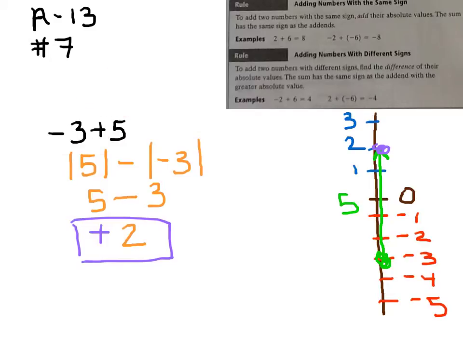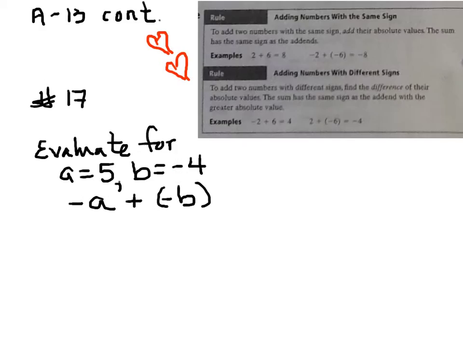So in this case, this gave me an absolute value of positive 5. The answer to this is positive 3. This one's greater, and it's positive. Therefore, I know my answer is positive. All right, that's the end of that one. Let's move on to another one.